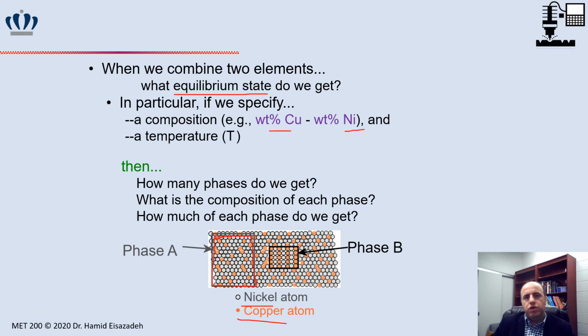Look at the mixture of these two elements, because this is unique, that gives you phase A. But in some cases, the pattern of the mixture can be different. Look at this type of arrangement and compare it with this arrangement. This arrangement is different from this, so this is another phase, and it's called phase B.